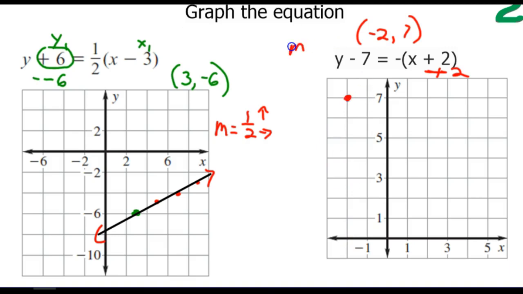Our m, because it doesn't have anything there, we know we can always put a 1. So our m is going to be negative 1, or negative 1 over 1. So we're going to go down 1 over 1, down 1 over 1. Now we can keep going and make as many points as we want. Our line is going to be negative, going downhill.